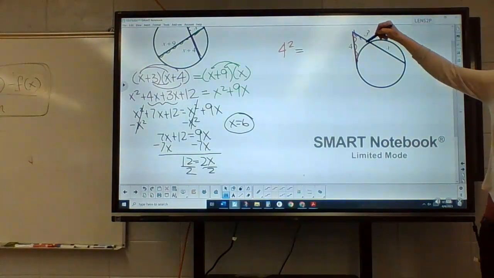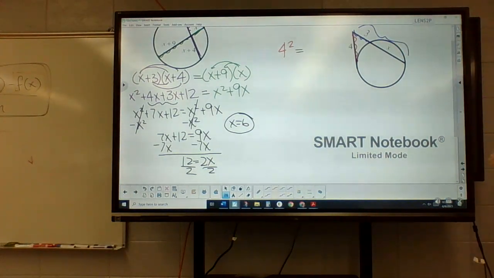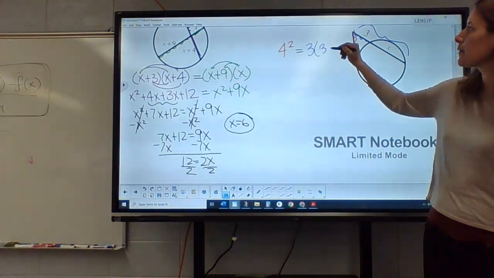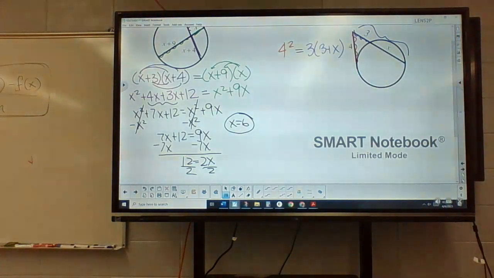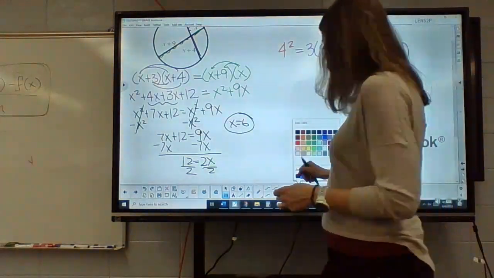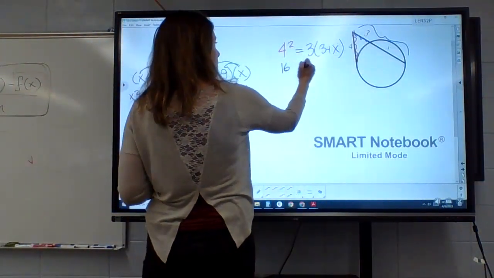And then we're multiplying this 3 by the whole thing. And it doesn't matter if you have x plus 3, 3 plus x. So on the left side, 4 squared is going to be 16.